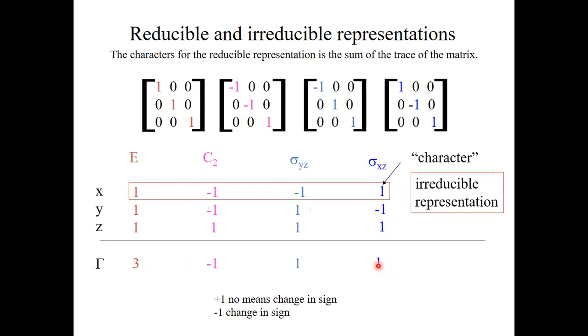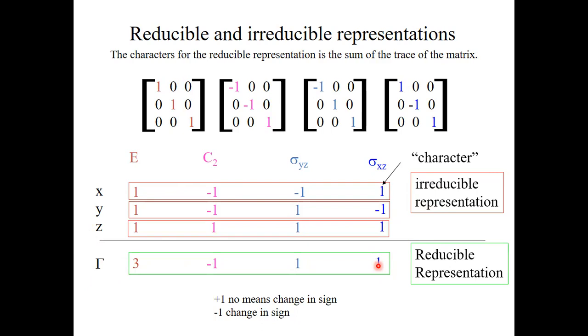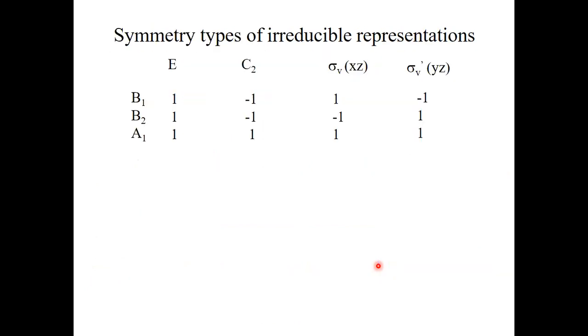Okay, now an irreducible representation in group theory is associated with a certain symmetry type, and the symbols you can see here are defined by the characters in the respective irreducible representation.